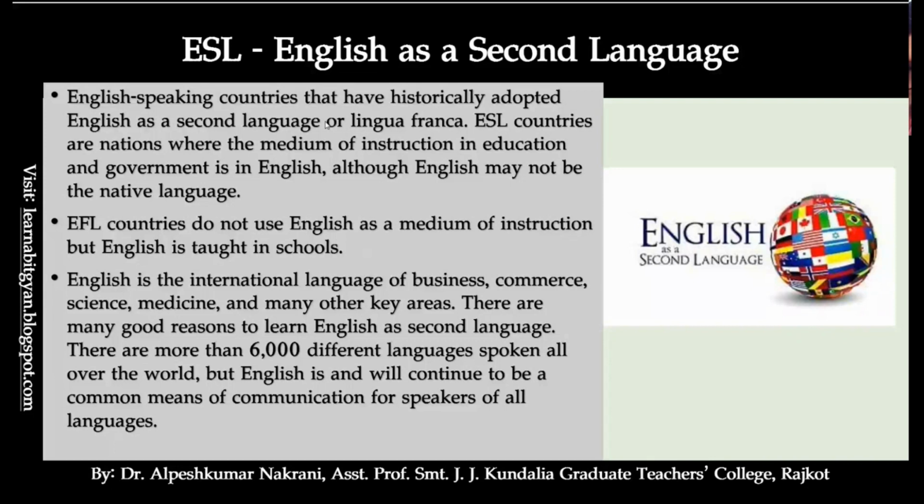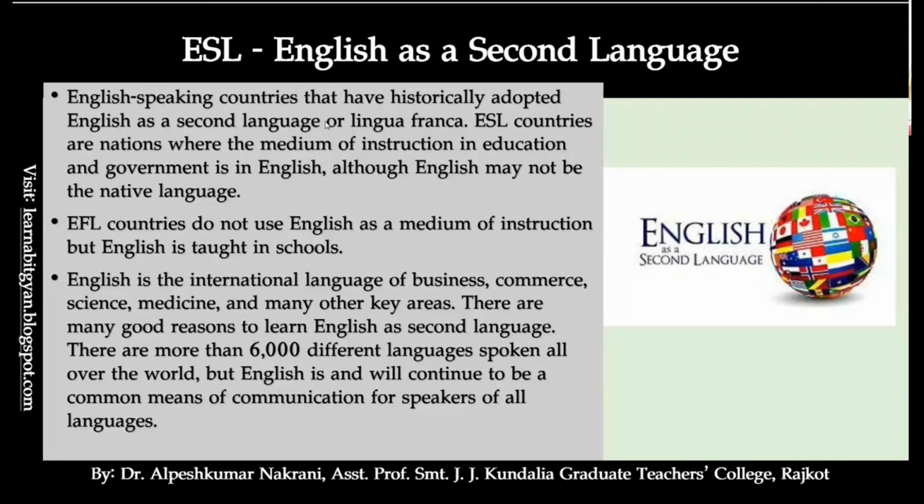English as a foreign language, these countries do not use English as medium of instruction. But because India uses English as a second language, you will find many schools where the medium of instruction is English, isn't it? Though there are more than 6,000 different languages spoken over the world, English has been a lingua franca for many countries.